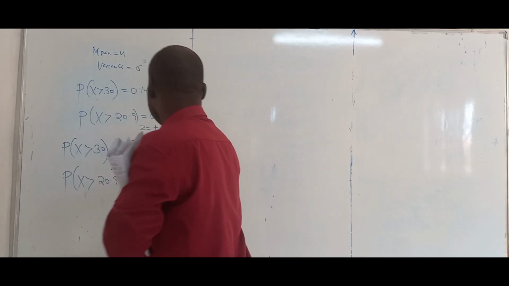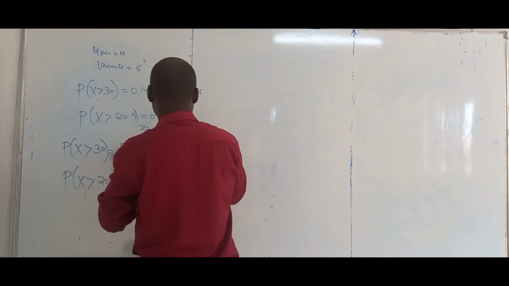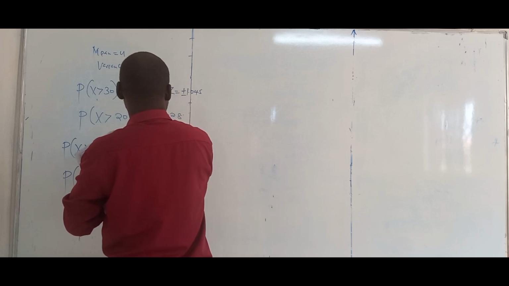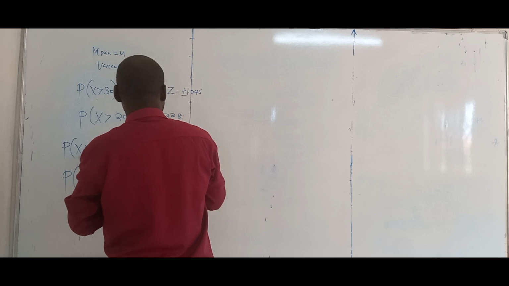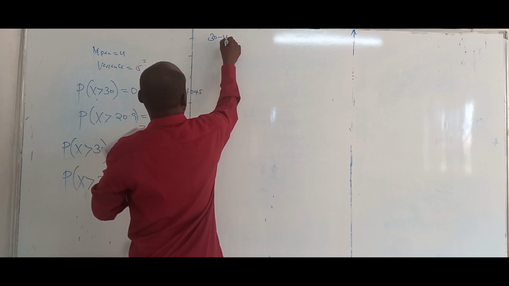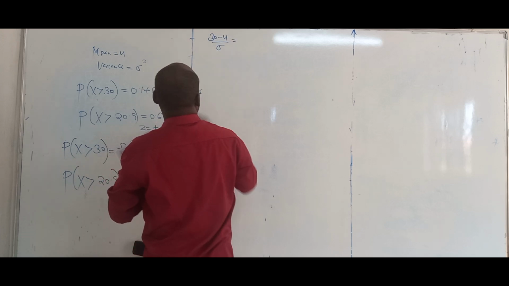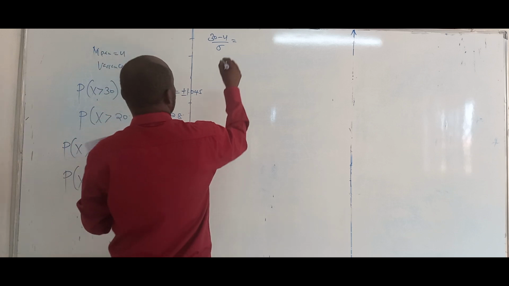So this will now allow us to specify our first equation: (30 minus mu) over sigma is equal to our Z value, which is 1.045.